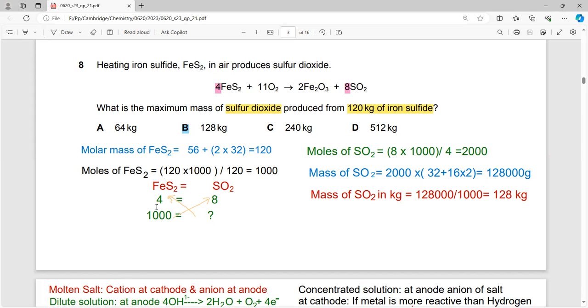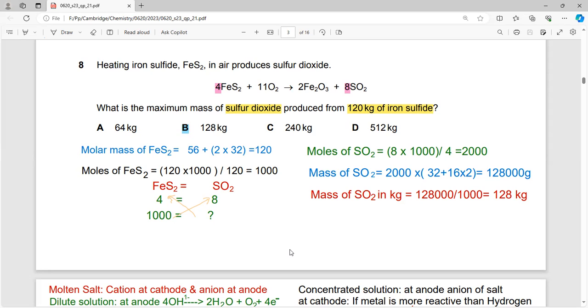Moles of sulfur dioxide is equal to 8 multiplied by 1,000 divided by 4, which is 2,000. You can also find it in a simple way: the ratio of iron sulfide to sulfur dioxide is 1:2. So if the iron sulfide has 1,000 moles, the sulfur dioxide has 2,000 moles.